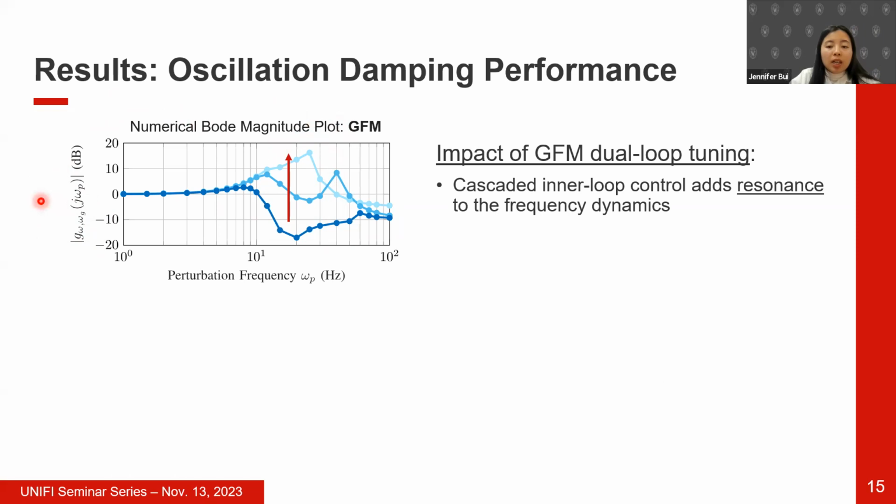However, this cascaded inner loop control does provide better control of the bus dynamics. So there is this trade-off between the performance here, but then also control of the bus dynamics.